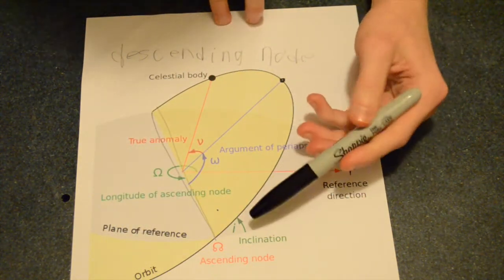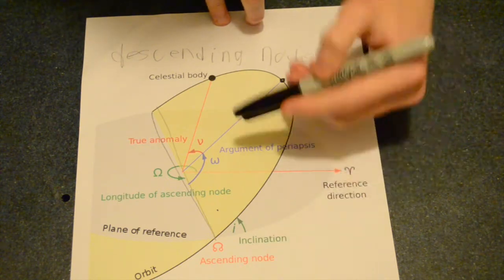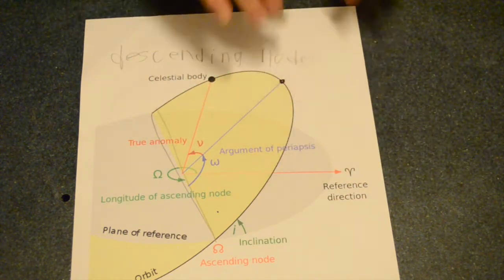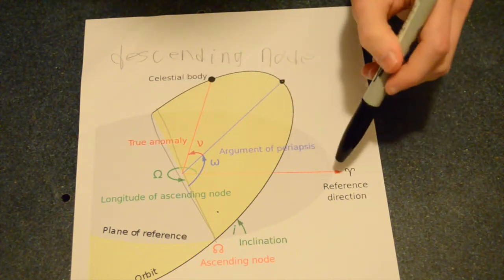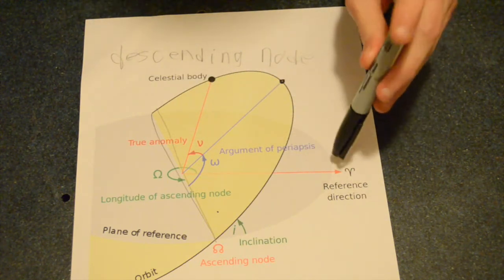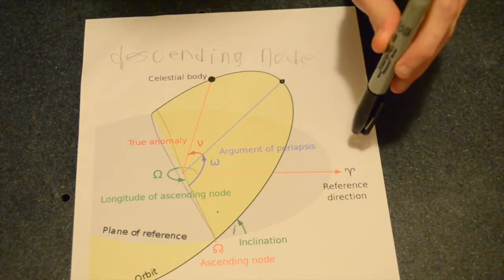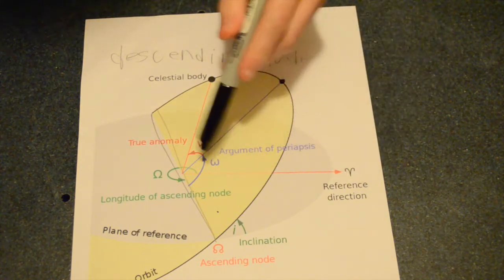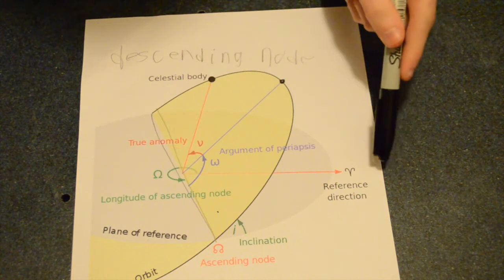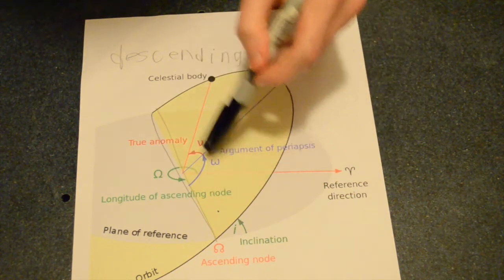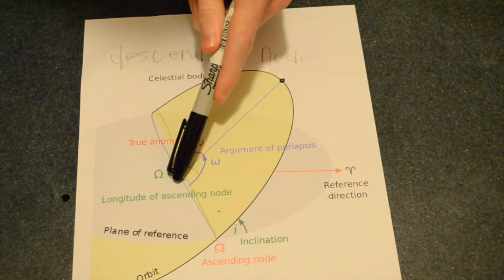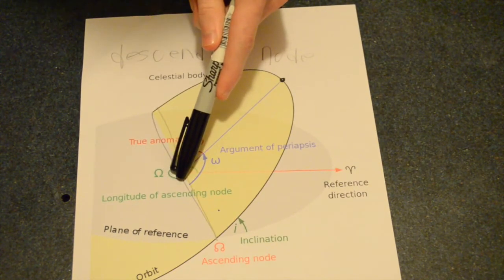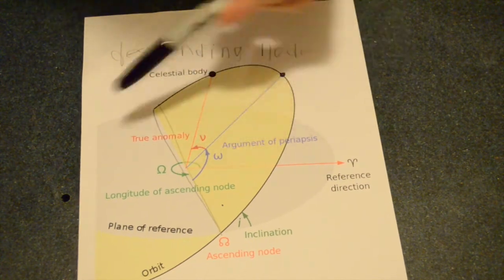Now, how do you determine the rotation on the 2 planes? Well, you need to pick a reference direction on the reference plane, which is typically the vernal equinox. You take that direction, and the angle from that direction to the ascending node is the longitude of ascending node, which is that angle there.